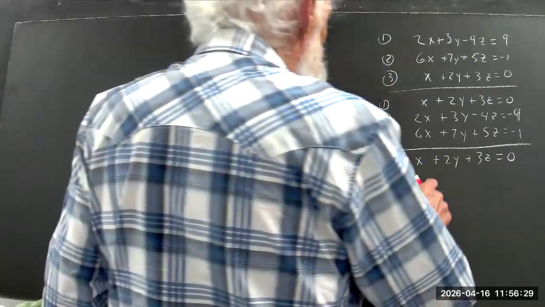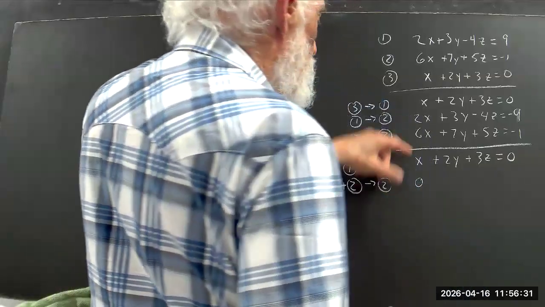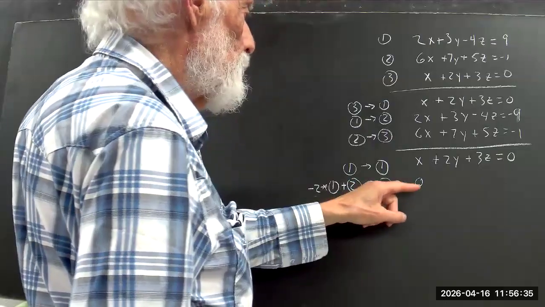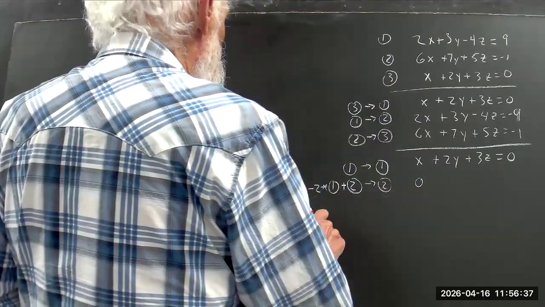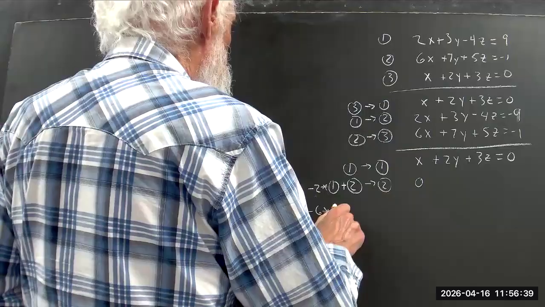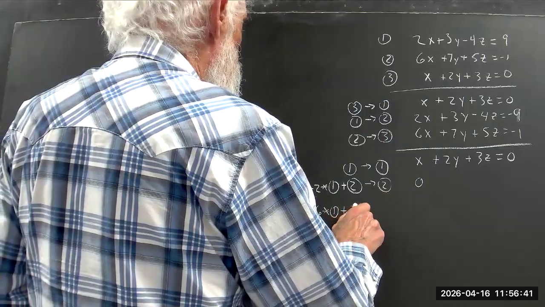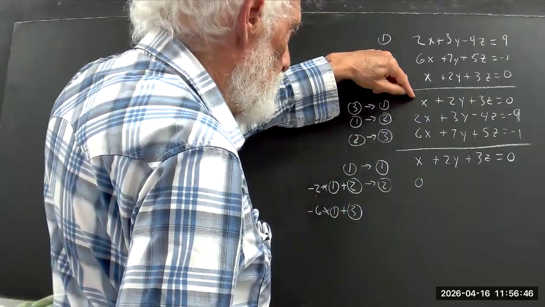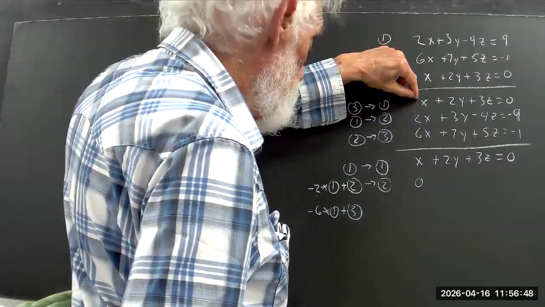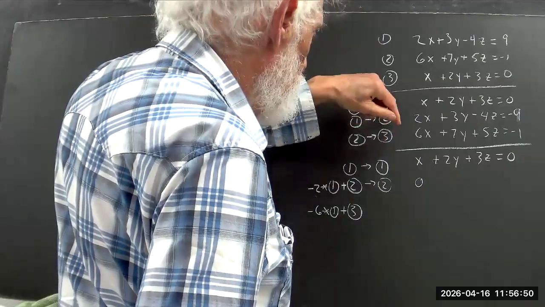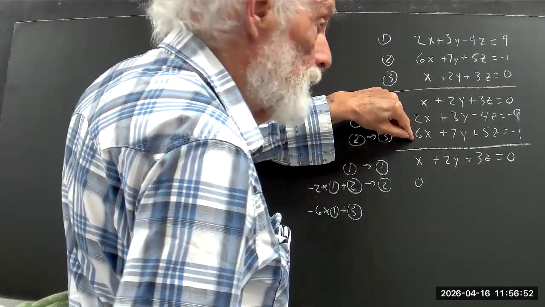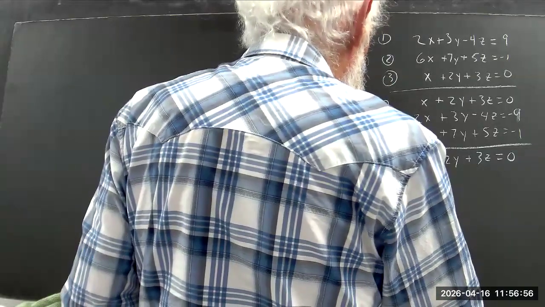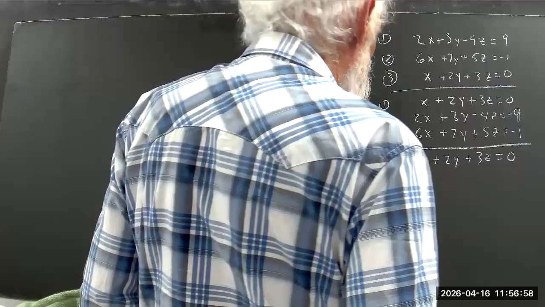So I know in advance that I'm going to get a 0 in the first column. The first number in the second row will become 0. Then if I do -6 times equation 1 added to my old equation 3, -6 times x, plus the 6x, is going to give me a 0 here.